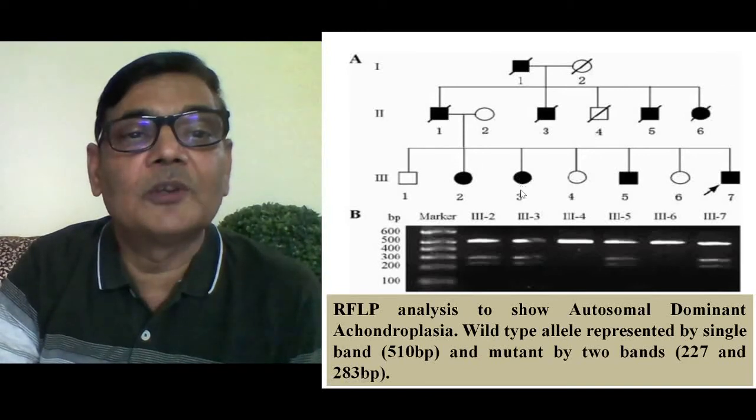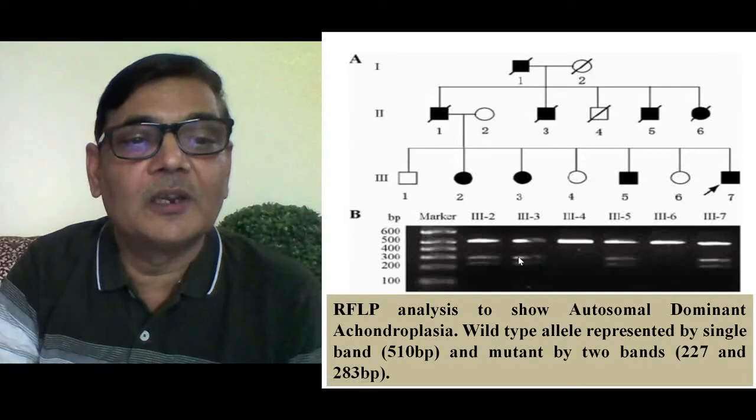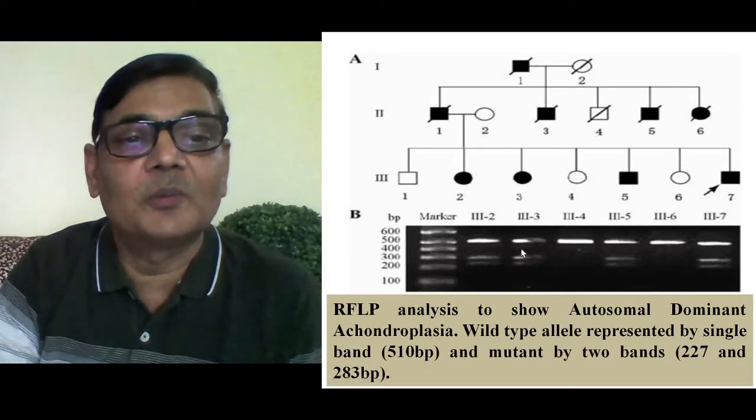Whereas if you observe this third individual of the third generation, you observe one band of 510 base pair, and then two more bands are visible. The upper one is of 283 base pair and the lower one is of 227 base pair. So this individual has three bands.